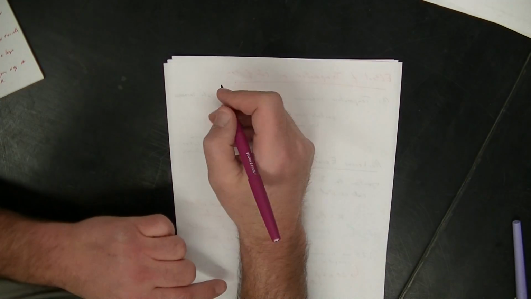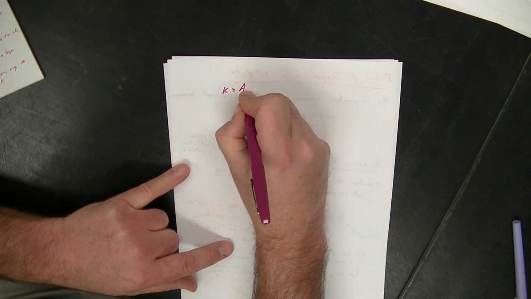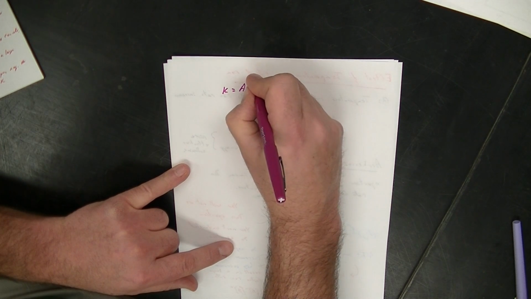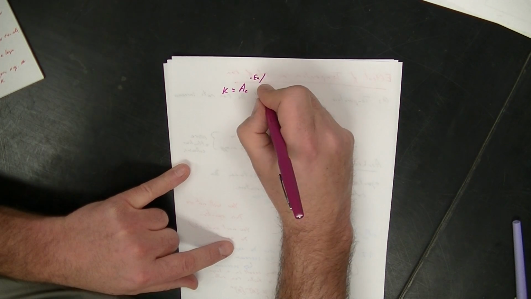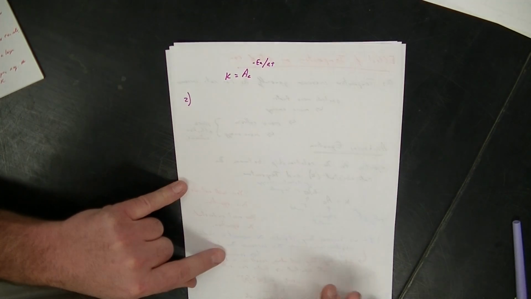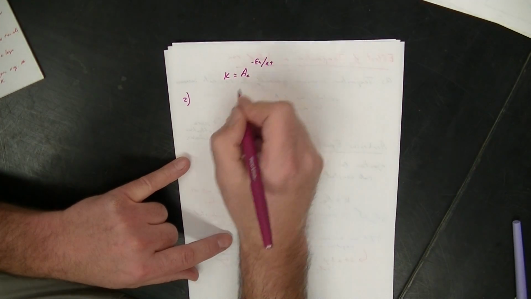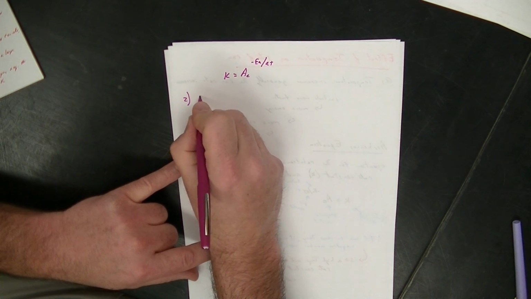So let's write that equation out again. We know that K is equal to that proportion constant times e to the negative EA divided by RT. So there's a second thing that's actually happening here. What if our activation energy is increasing?